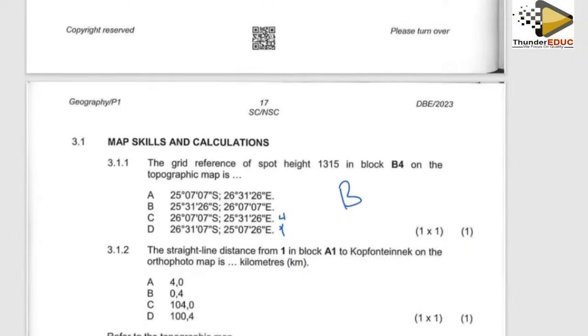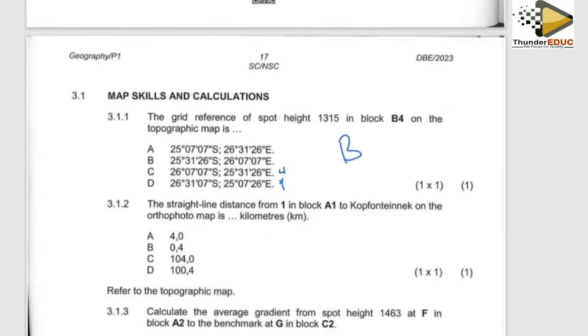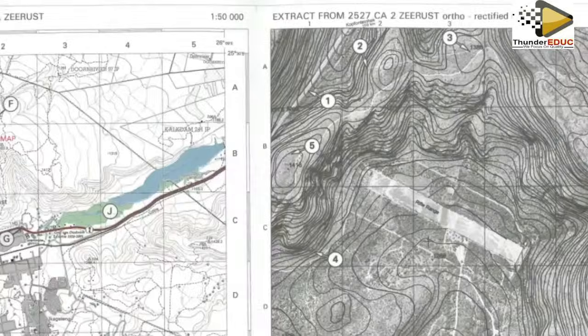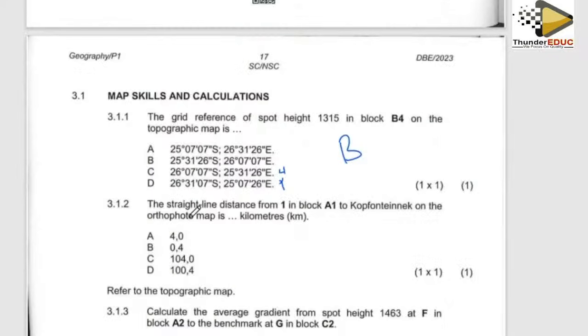Okay, we go forward. They say the straight line distance from 1 in block A1 to Clipfontein on the orthophoto map is dashed in kilometers. Okay, let's check on the map. Question says, in block A1, on which map? Orthophoto.